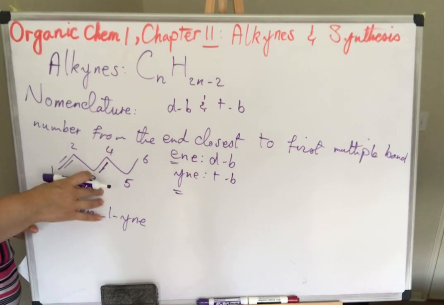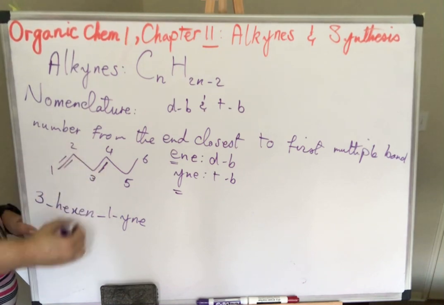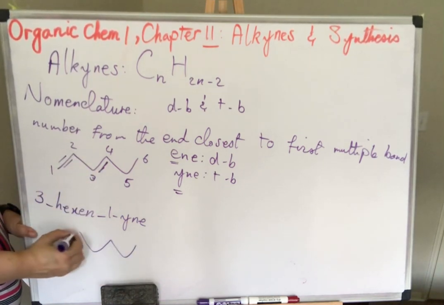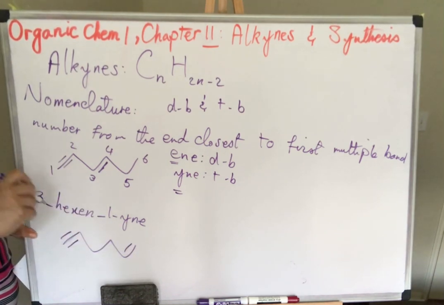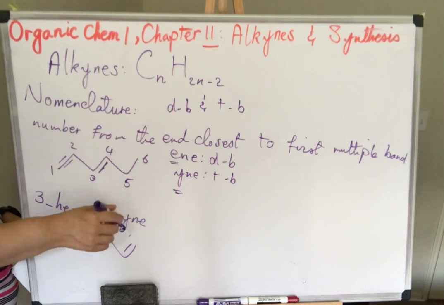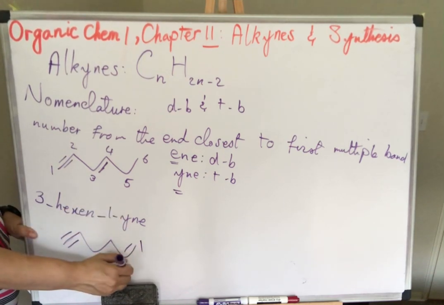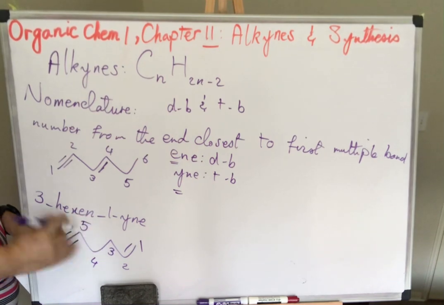If the location of the triple bond and double bond is the same from both sides, because the double bond comes alphabetically prior, you also number from the alphabetically prior side.